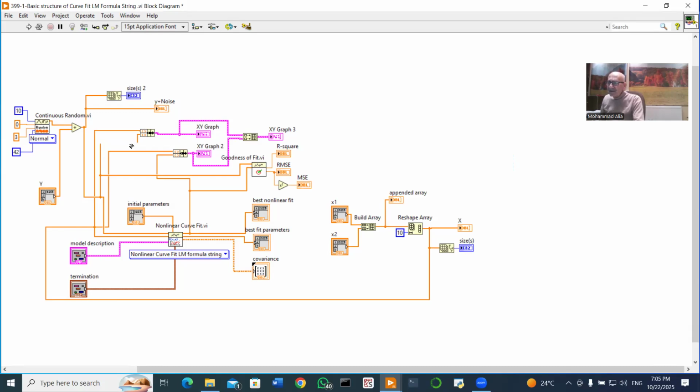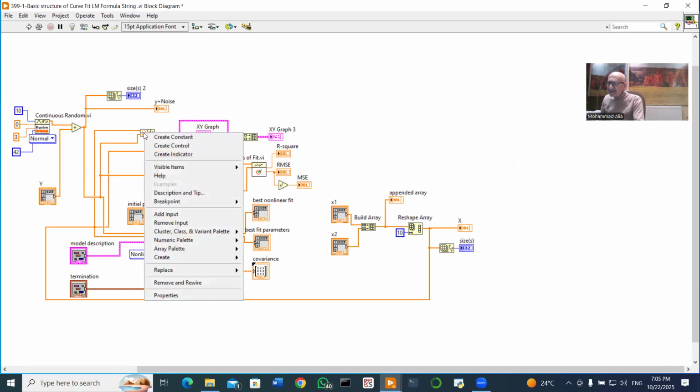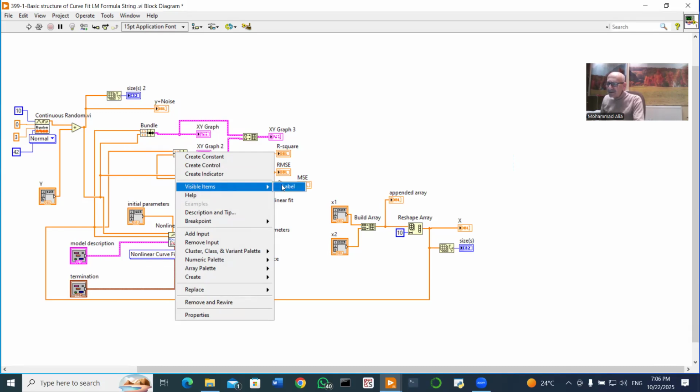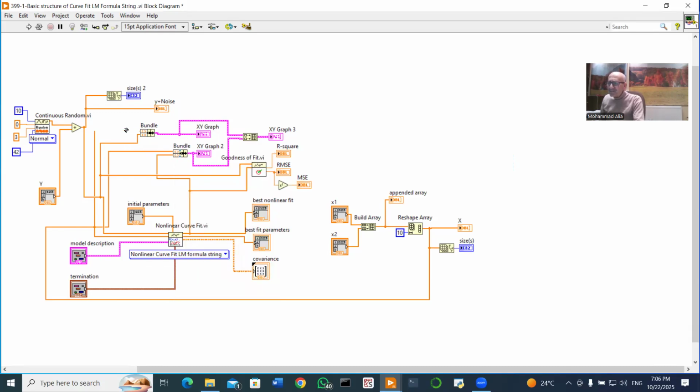Now also I have another bundle function. I have bundled the x at the input and y with noise at the input. And here I have connected also x at the input and the best fit at the output, from the output, this best fit here.